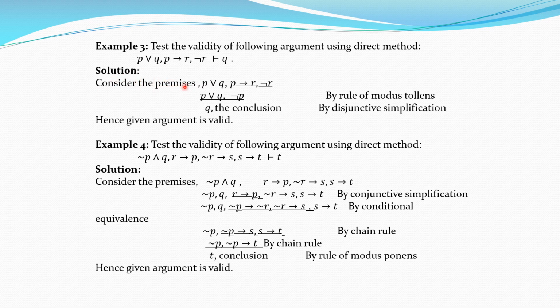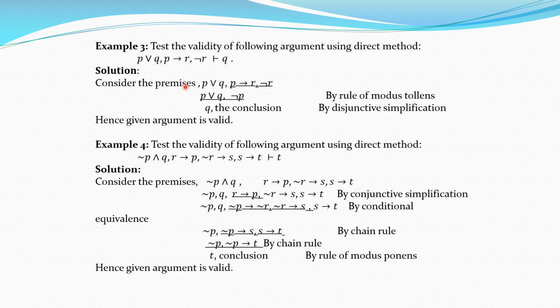But if you observe the second and third one, P implies R, negation R. In this implication, R is the conclusion and its negation is given there. Now the rule is: P implies Q, negation Q is there, then from that we get negation P as a conclusion. Instead of Q, only R is written. So it fits that format of the rule of modus tollens.